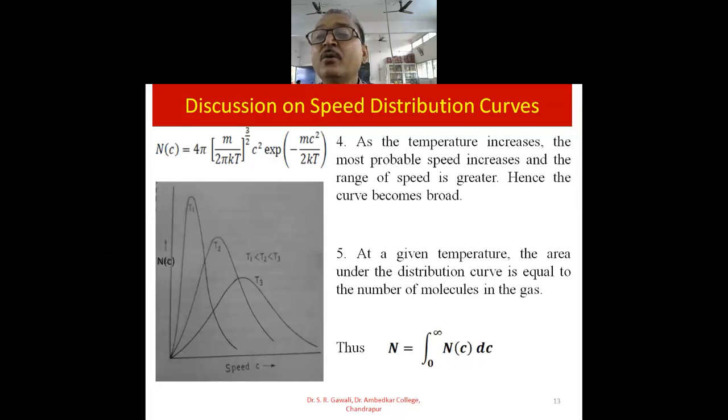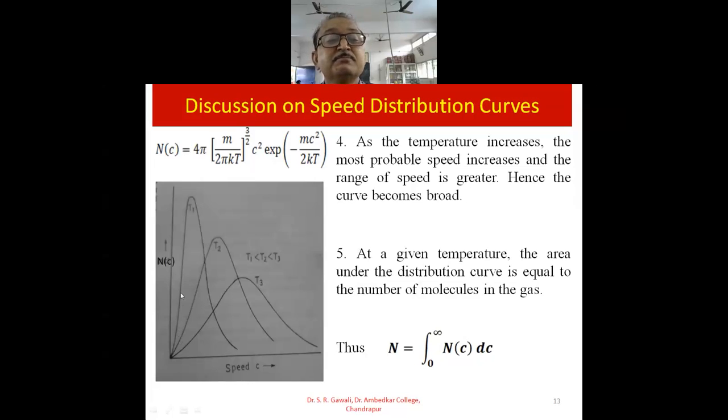Then as the temperature of the gas increases, the most probable speed also increases. The range of the speed is greater. As the temperature increases, the curve becomes broader.